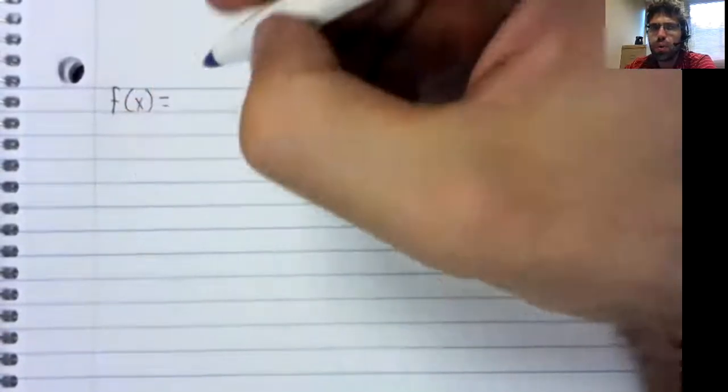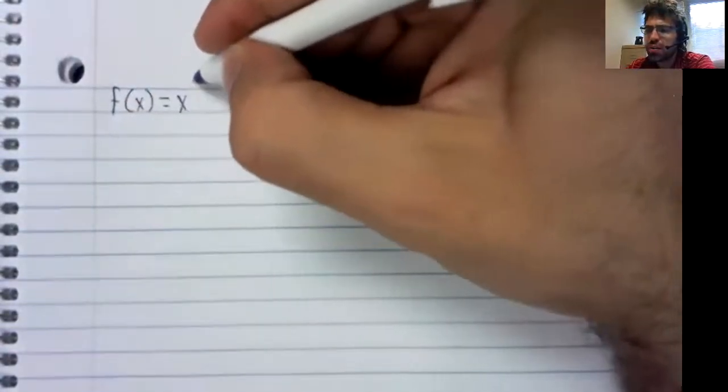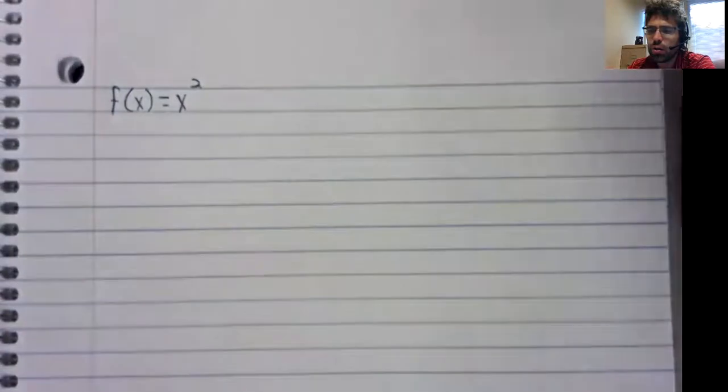And the only point we really want to make here is that graphing functions is done just the same as graphing equations. So suppose you have f of x equals x squared.